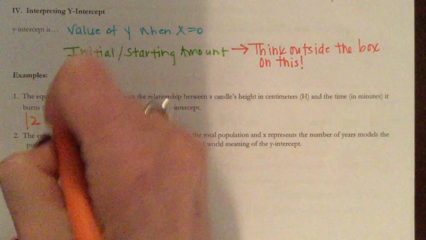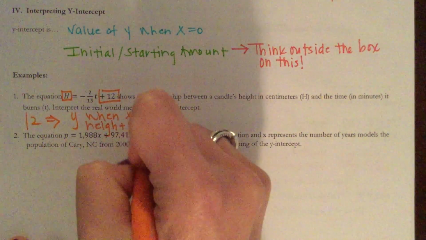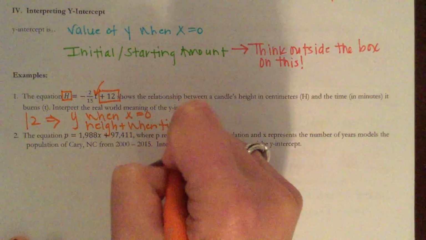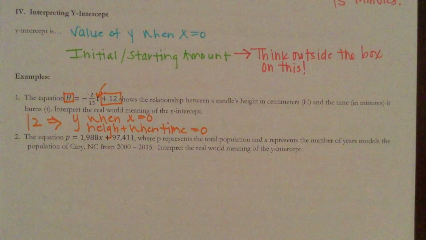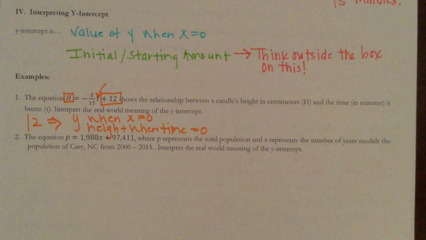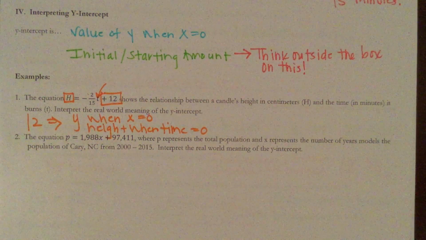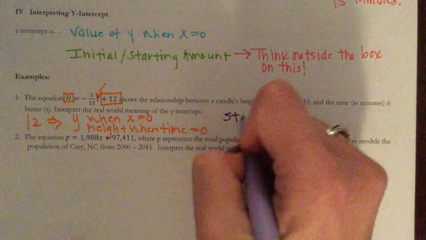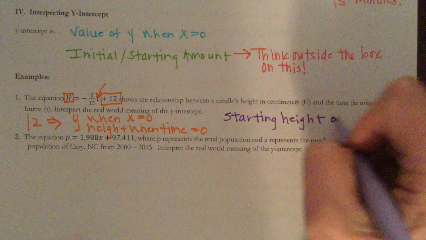Remember that y here is the height, and x in this relationship is time. So when the time is equal to 0, what would that 12 mean? That 12 would be the height of the candle before it was burning, or the height at time 0. So it's really the starting height of the candle.